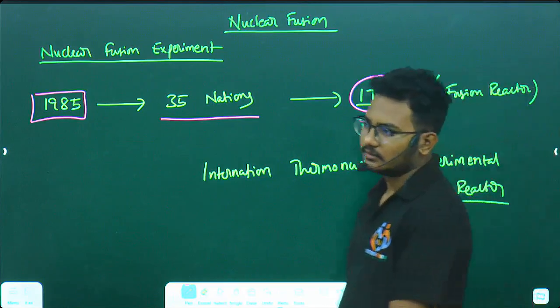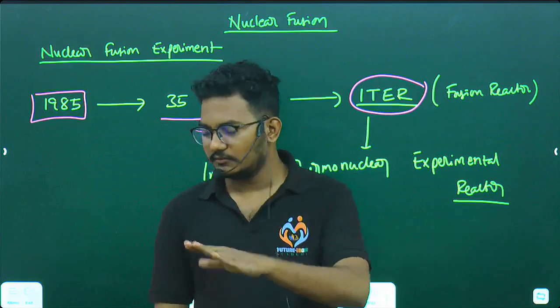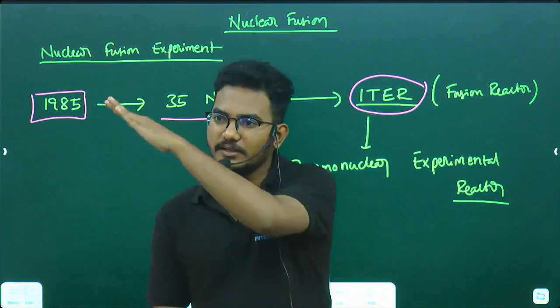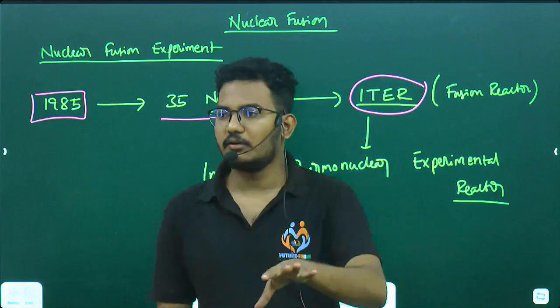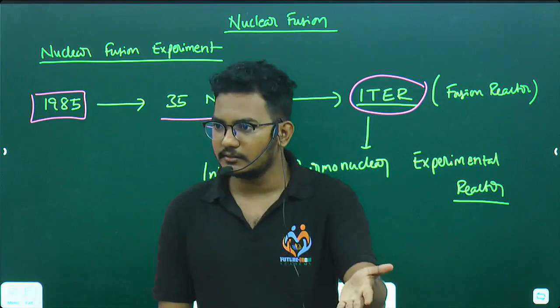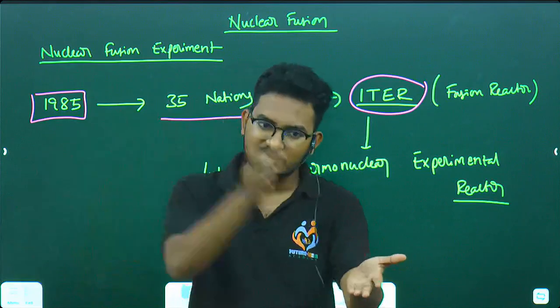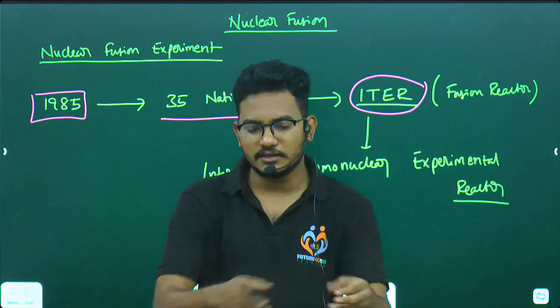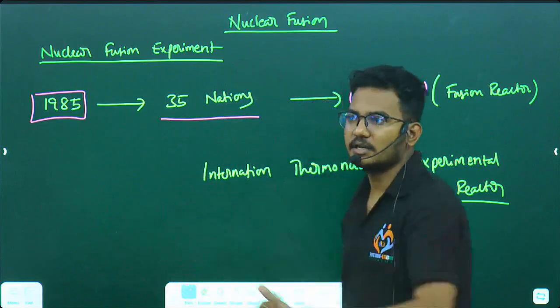With the increase of temperature the pressure will increase, and at a point of time the reactor will blast. So if you use the same reactor for fusion that you use for fission, obviously within no span of time it will blast. That's the reason it needs a special type of reactor.